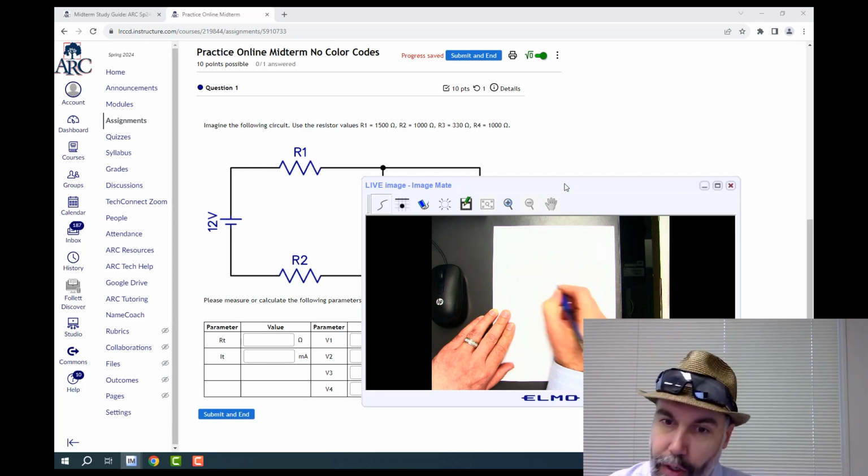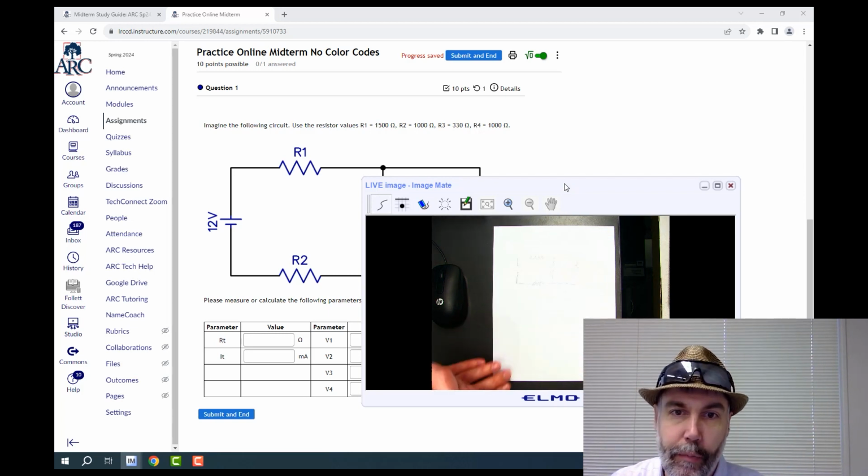So I've drawn the basic shape of the circuit, and then I'm going to put down the values.